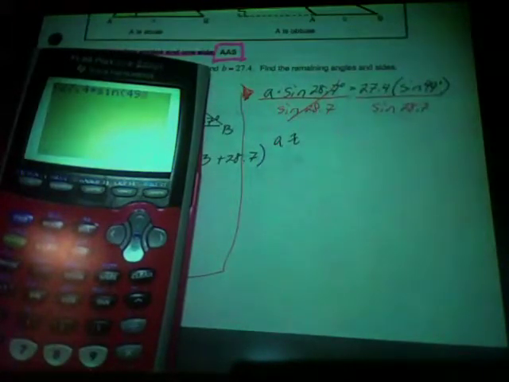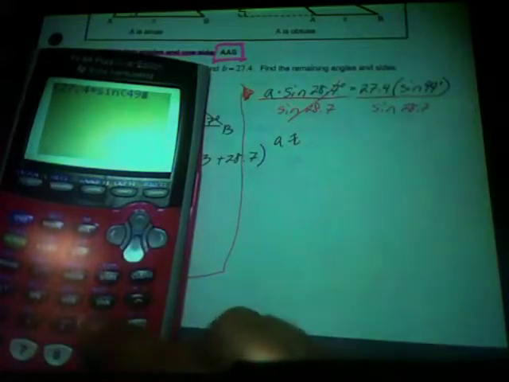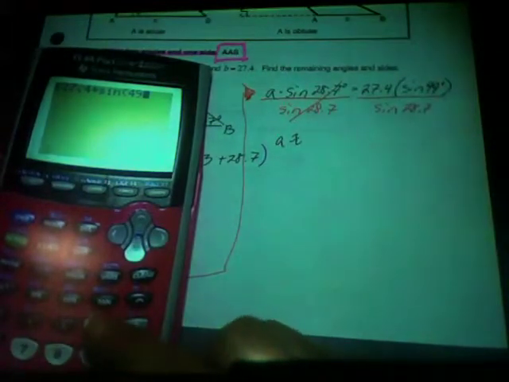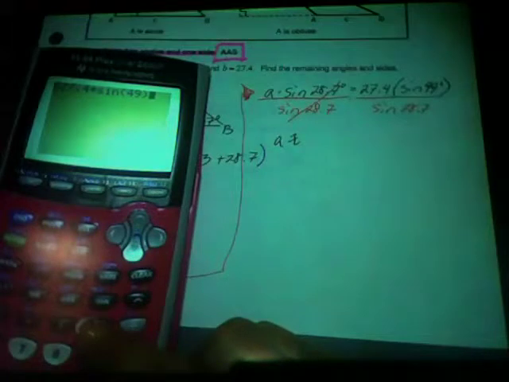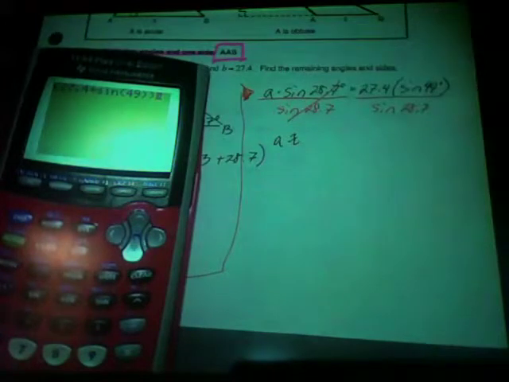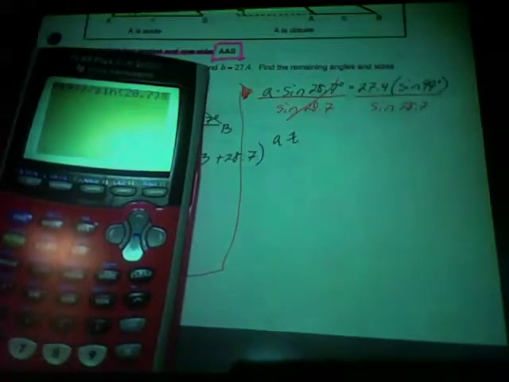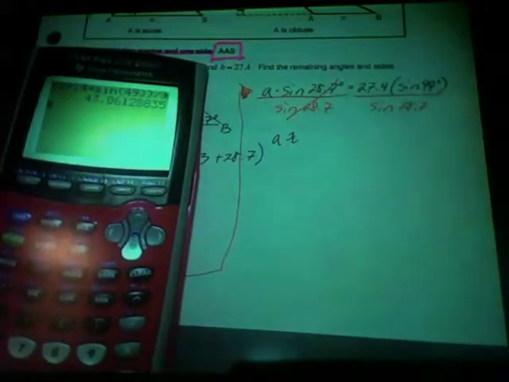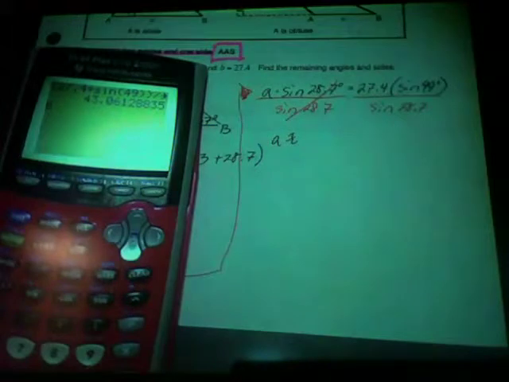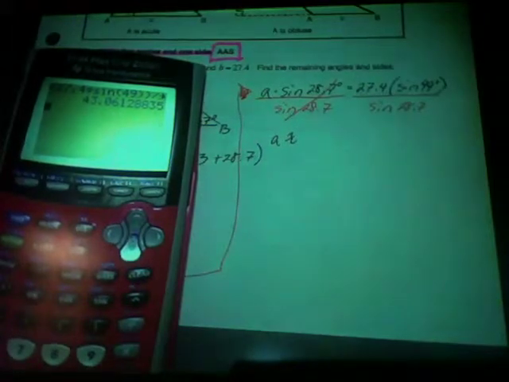Do you need a calculator? Okay. And then don't forget that you have to end the sine parentheses, and then since I used parentheses originally, I have to put another set of parentheses up there. That's my whole numerator. I'm taking that entire numerator and dividing it by the sine of 28.7. And then hit enter. 43.1, because you're going to round up. So A is approximately 43.1.